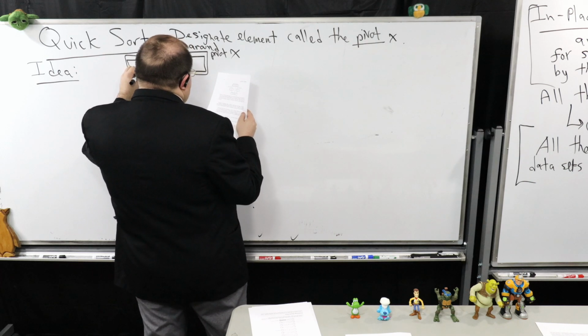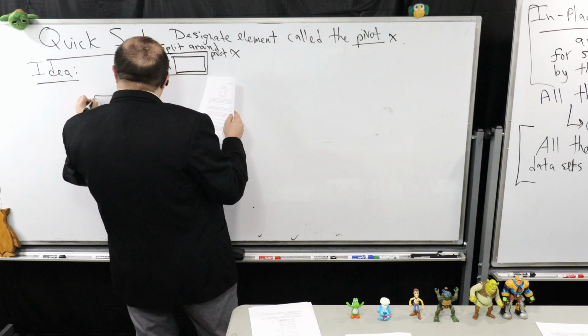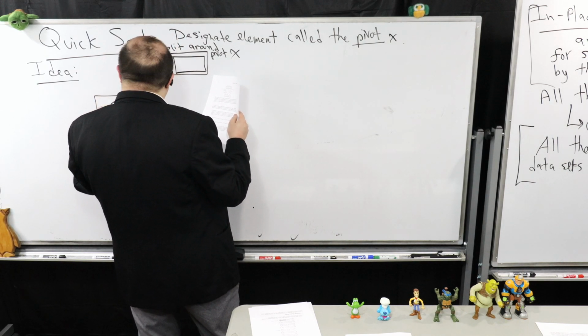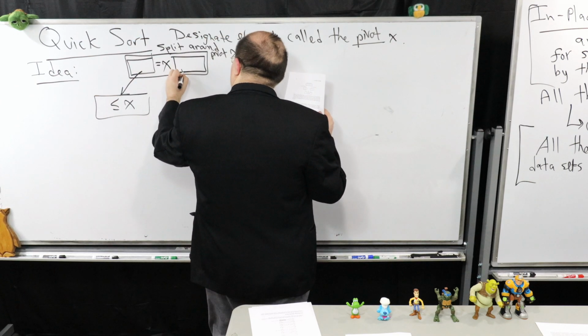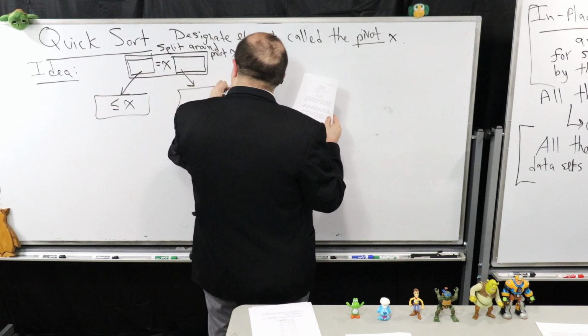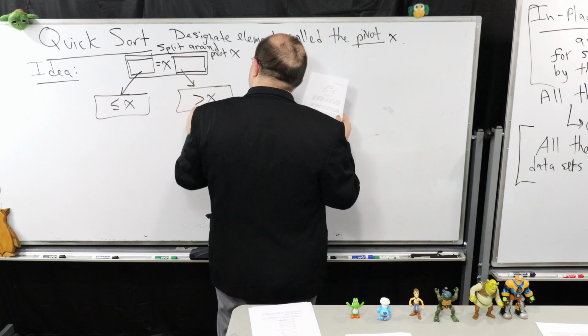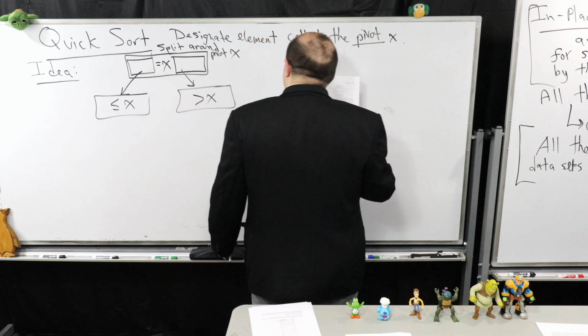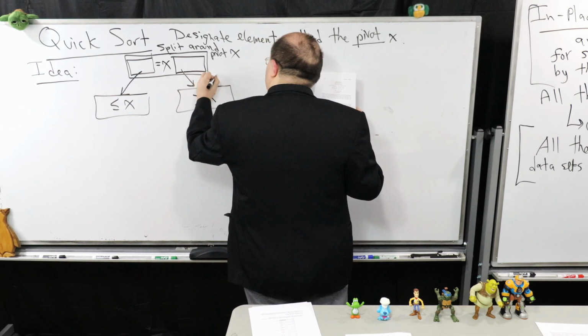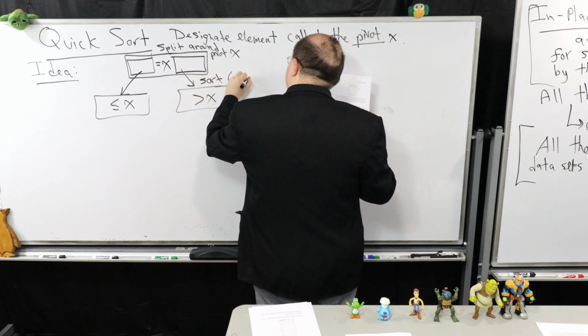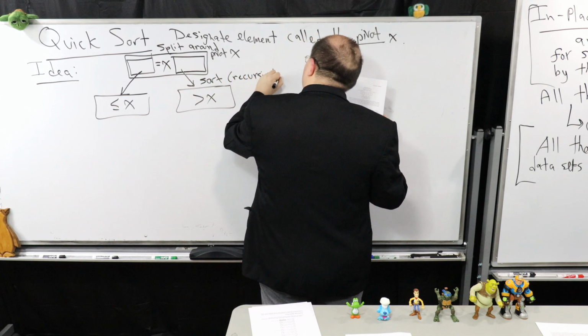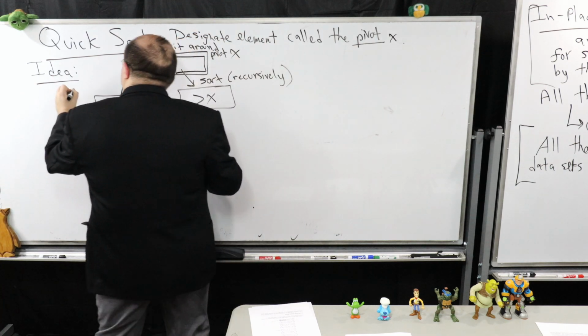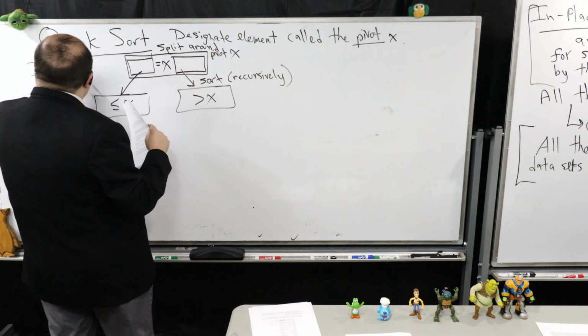One group has all of the elements less than or equal to X, and the other group consists of all the elements in the array that are bigger than X. Each of these I'm going to sort recursively.